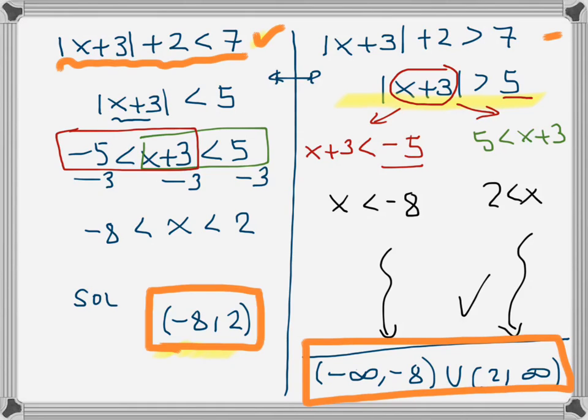Now, the issue that happened, I think, in the homework is that you're having some problems that are a little bit different. They have something else going on and getting students confused. So what if I write something of the sort 2 minus absolute value of x minus 3 less than 3?